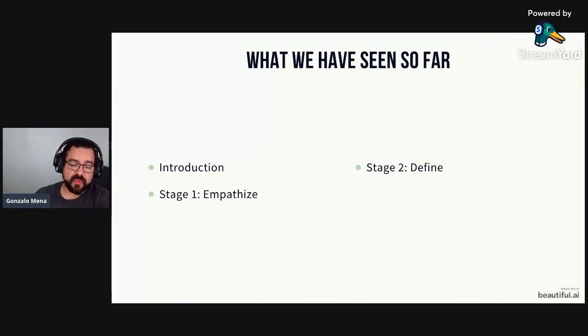In the second class, we talked about the first stage of design thinking, which is empathize. It's a key stage because the focus of all the process that we're going to be doing, of all your projects, of all your ideas, of all your creations, is real people having problems.